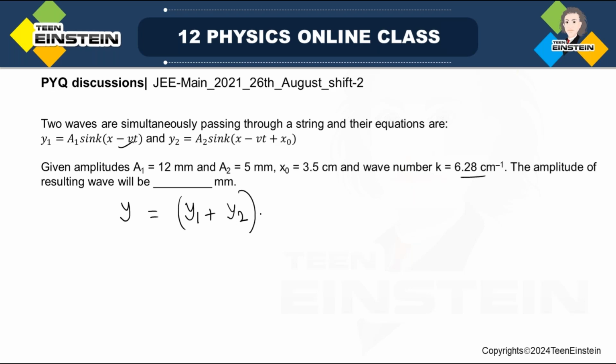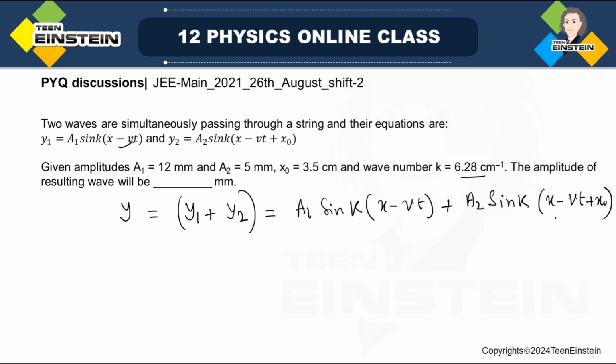So let us just do this. a1 sine k(x minus vt) plus a2 sine of k(x minus vt plus x0). So you can see here this term is common in both the cases. Only this x0 term, k into x0, is extra over here.